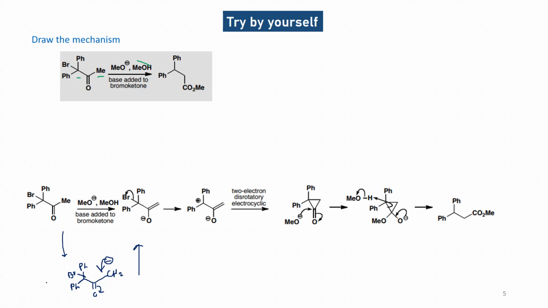Then this enolate will come here, then bromine leaves from the system, and this comes here.